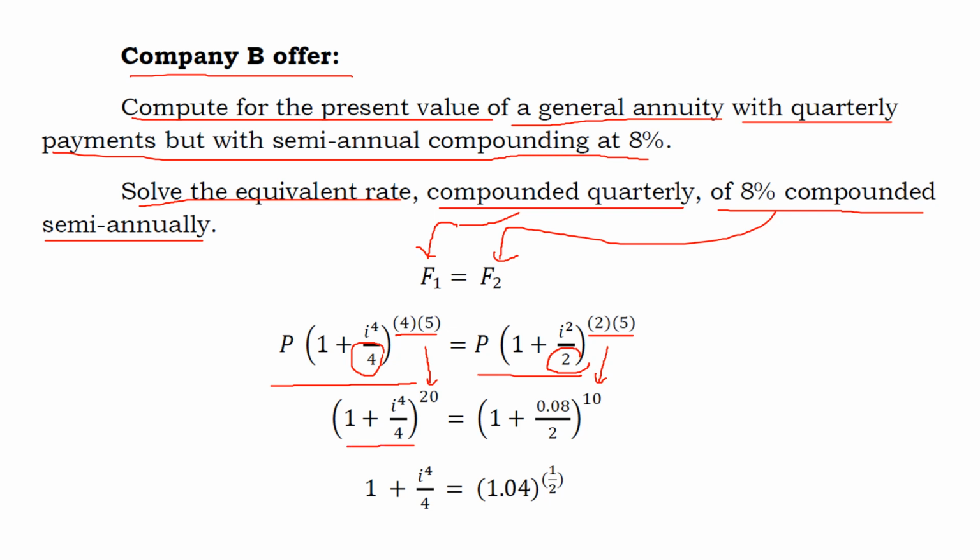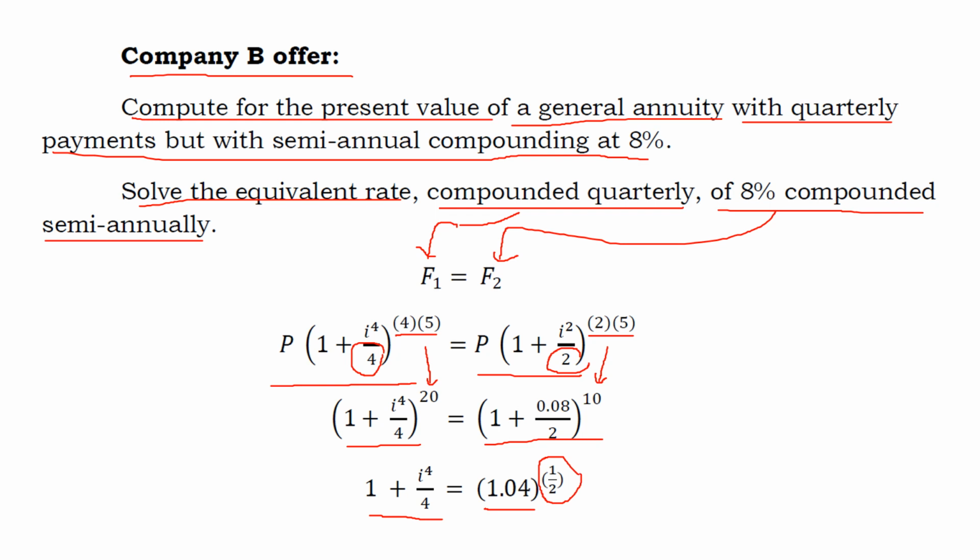So upon simplifying, we can divide both sides by P. These are the common variables between the left side and right side of your equation. That's why we need to divide both sides of your equation by P for us to cancel the P here. So upon simplifying, that will be equal to 1 plus i over 4 raised to 4 is now equal to 1.04 raised to 1 half. Why is there still an exponent of 1 half up here?